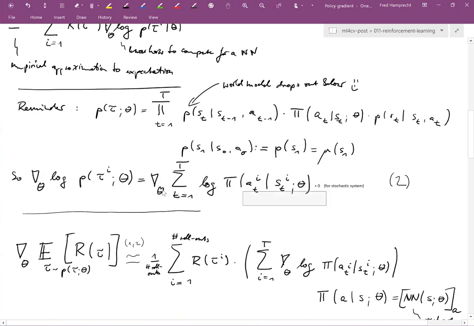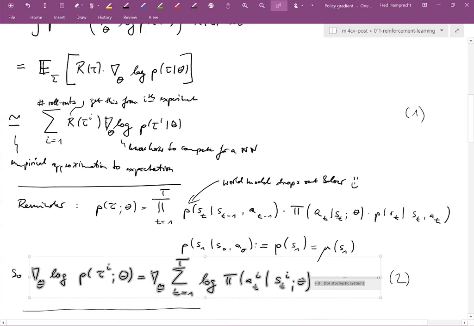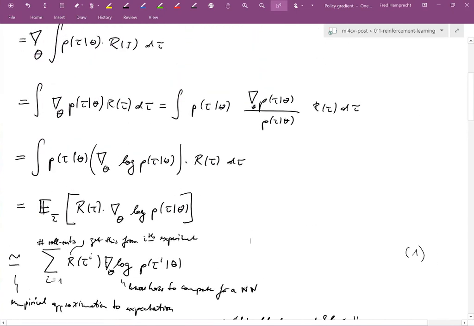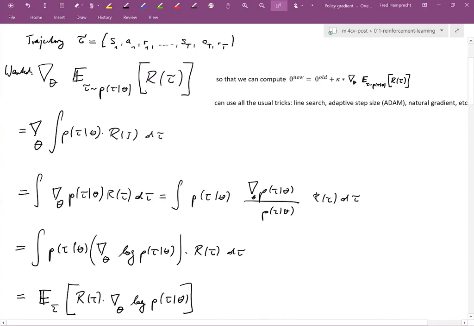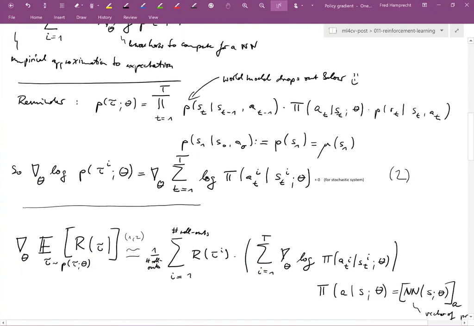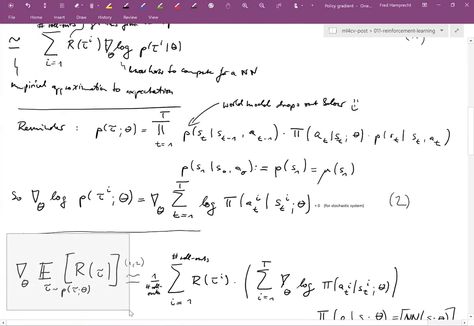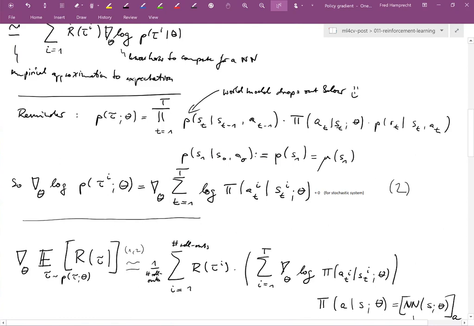If now we use this equation here, and if we use that equation here, then we find that overall the gradient of the expected reward can be summarized as is written here. The gradient of the expected reward can be approximated like so. I have a summation over all rollouts.